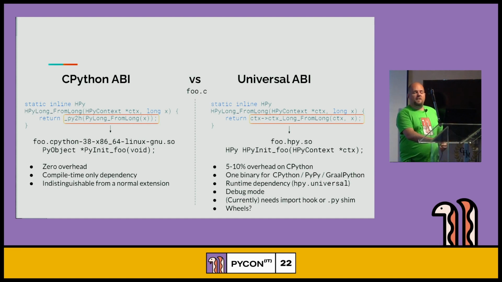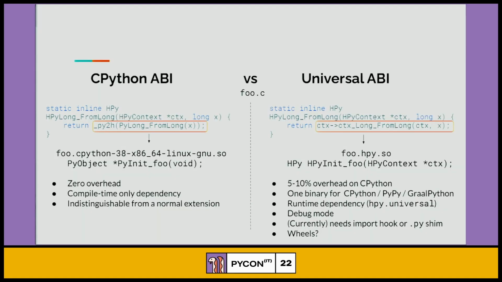If you target the universal ABI, what you get is something with an indirection. So we have this context, which is basically a giant vtable of function pointers, and we call this function pointer, which will be provided by the implementation. So PyPy provides its implementation, GraalPython provides its implementation, and that's why it's universal, because of the indirection. That's why we also have a bit of overhead.